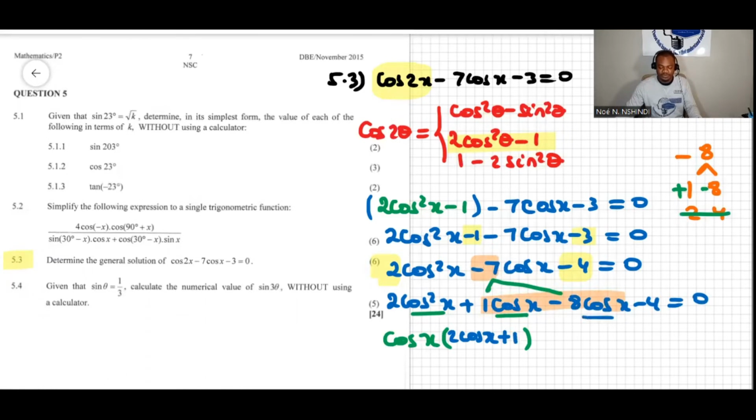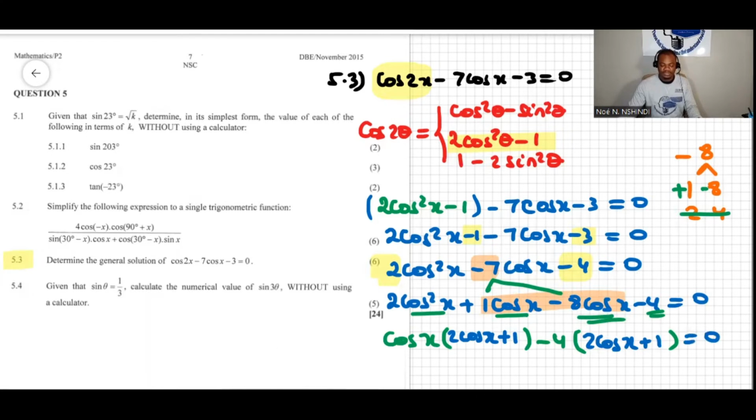So for the last 2 terms, I can take -4 as a common factor. And then this will be 2 cos x plus 1 equal to 0.